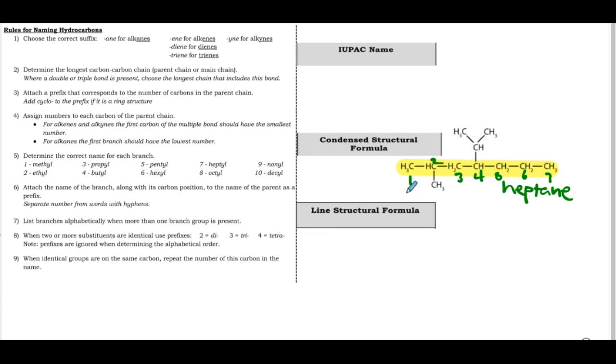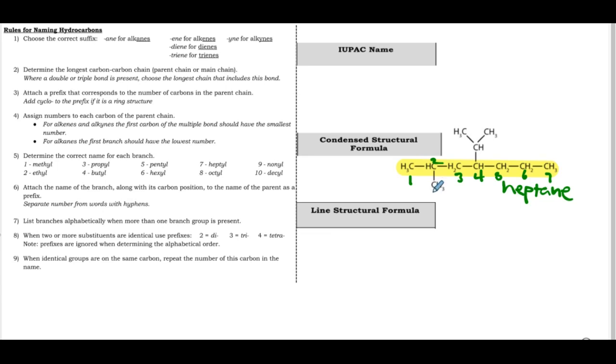The reason we number it left to right is because we get to our substituents or branches off of our main chain sooner. It's at the second position and the fourth position. If we were to do it right to left, we would have higher location numbers off of our main chain.